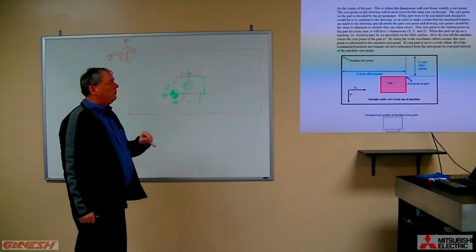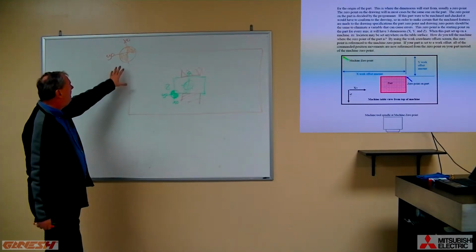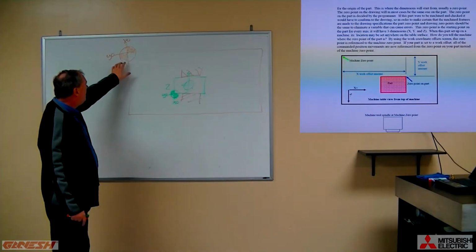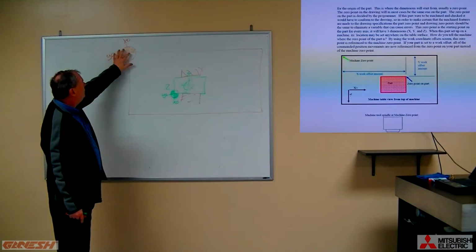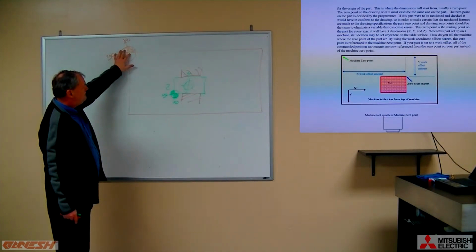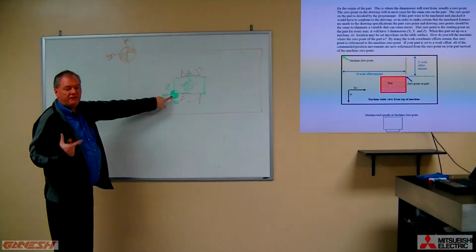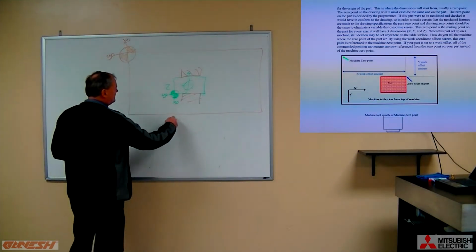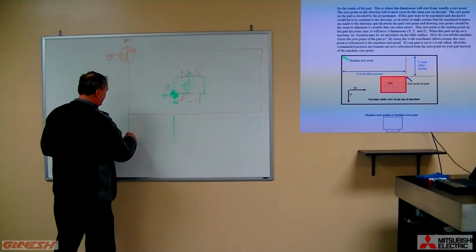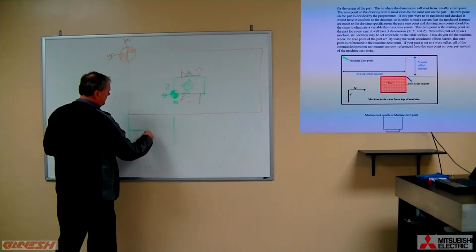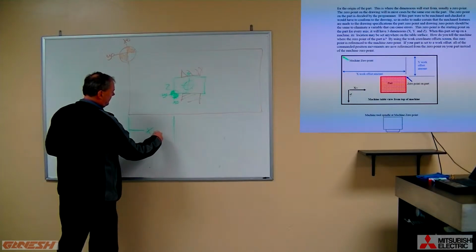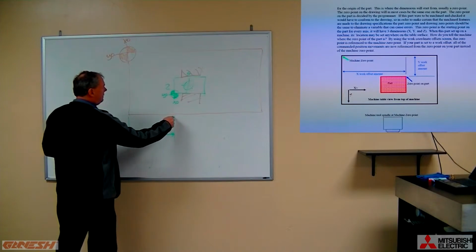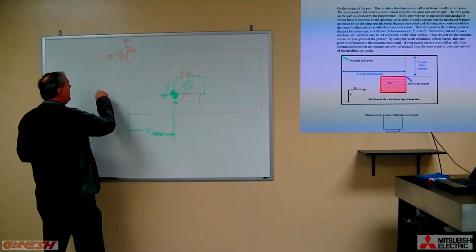What we need to do is tell the machine that, hey, for my part program, you got to know that your datum and my datum are not the same thing. That my datum exists as a locational offset. I'm going to call this x offset, and I'm going to call this y offset.